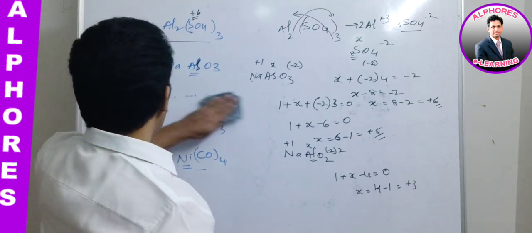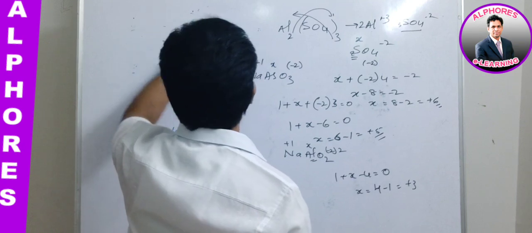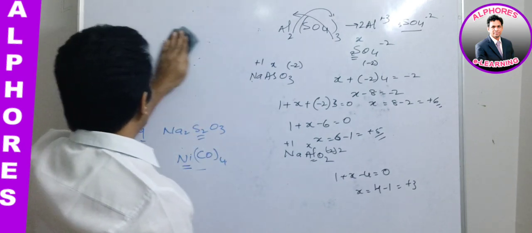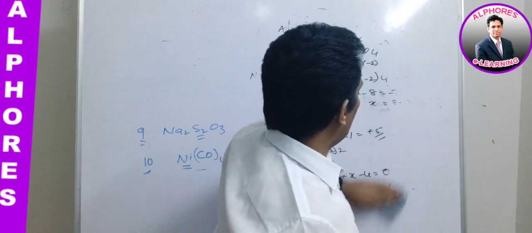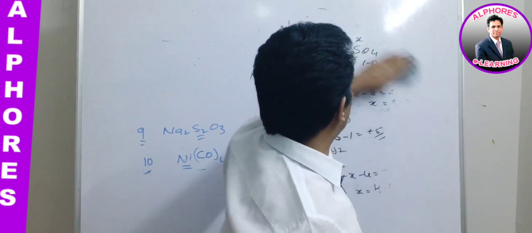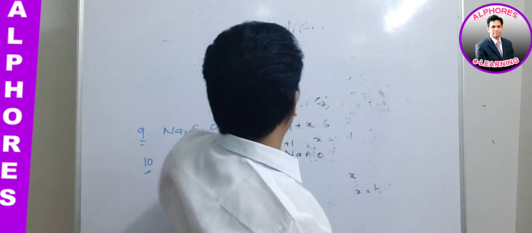And now coming to these two, let me give some details. When Na2S2O3 is taken, it is an exceptional case. One sulfur is behaving like oxygen.